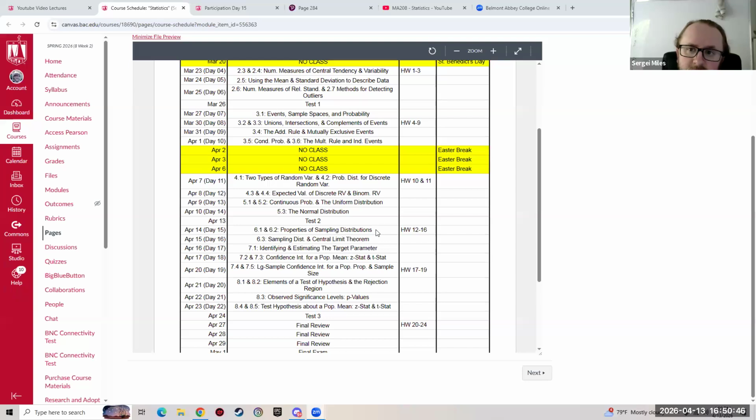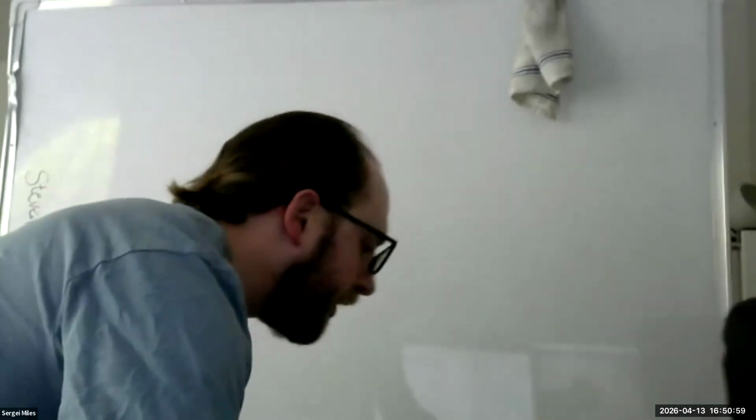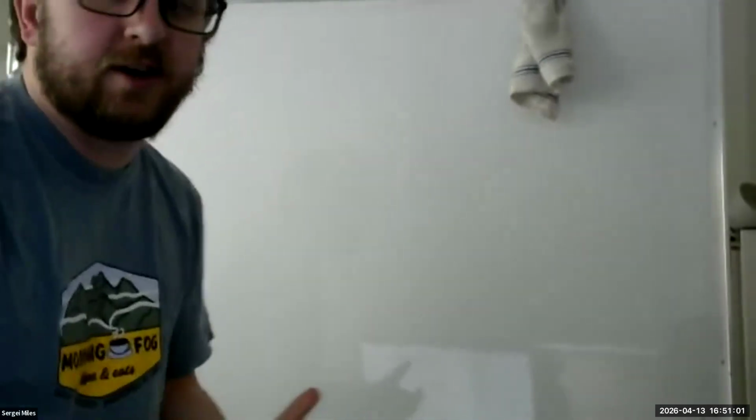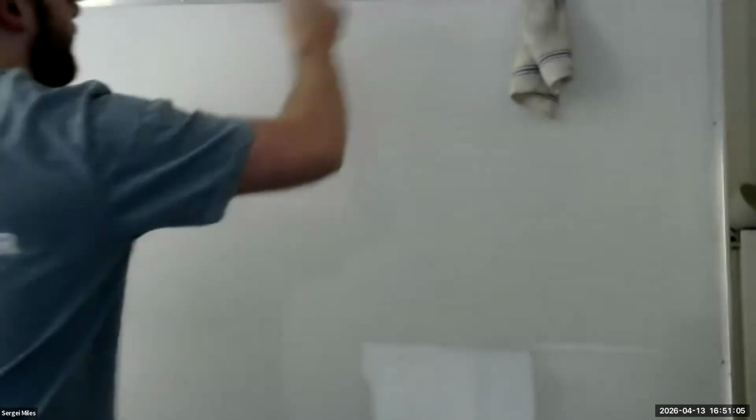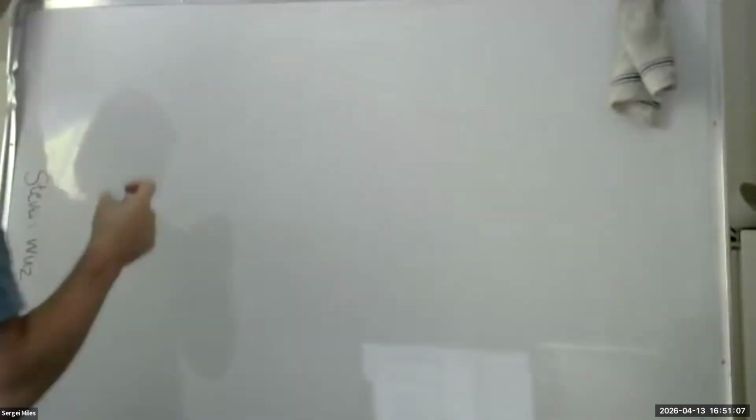So for section 6.1, I'm just going to start here on the whiteboard. So I'm going to go ahead and turn off my screen share. And we're going to start with a random variable, which we're already familiar with. So it'll be kind of a nice example to start with, where consider rolling a six-sided die, right?